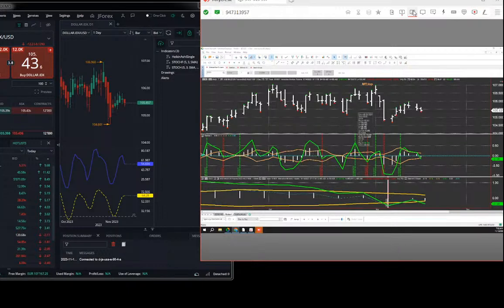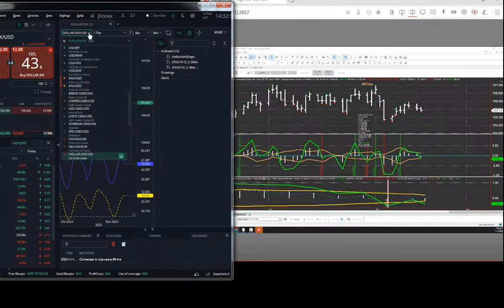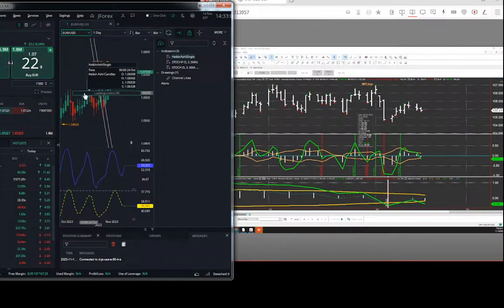Let's take a look at the euro. We'll put it up on J4X. Right there, and there's the euro. You see it's lifting up, and the fast is trading at 59.3. The slow is trading at 49.3.